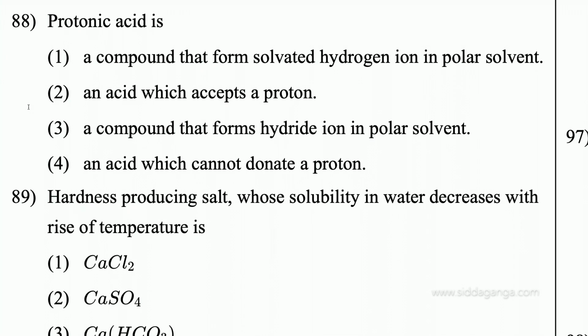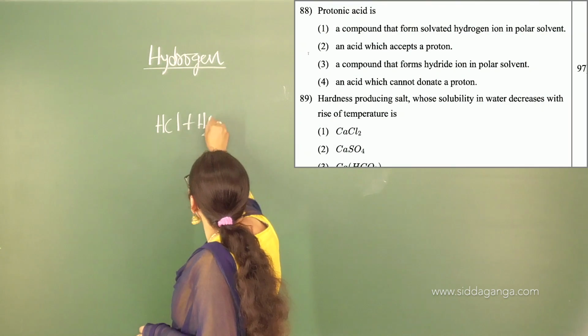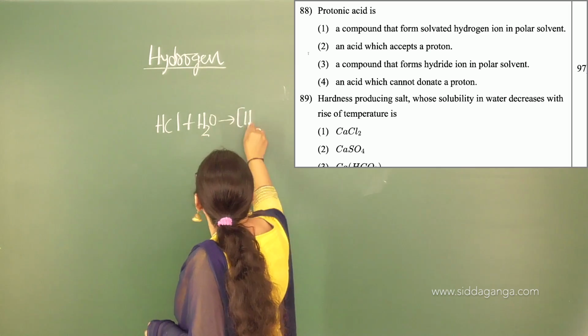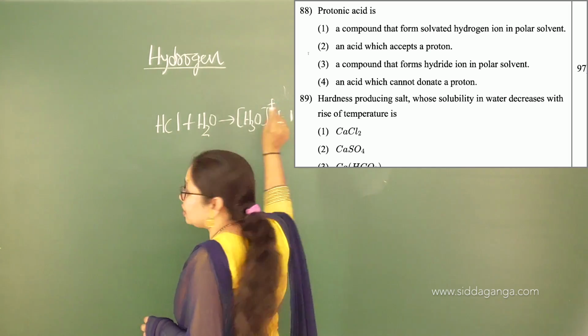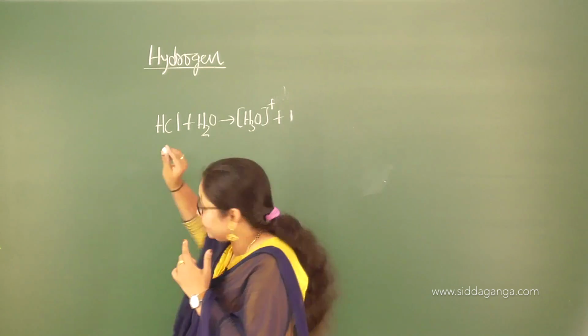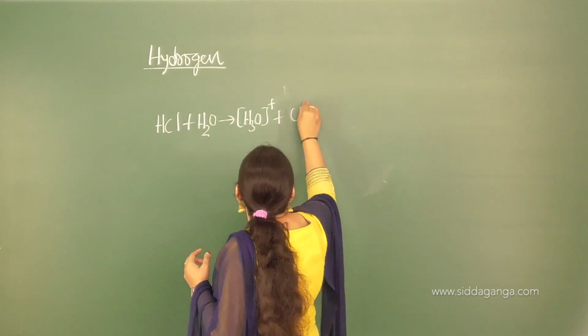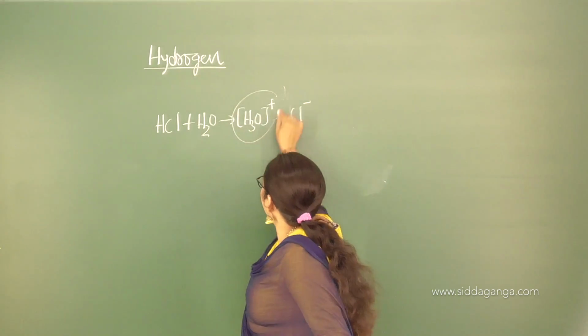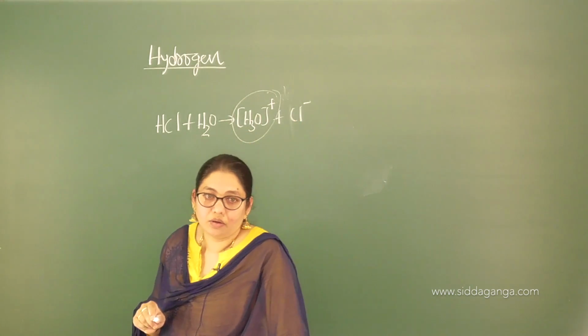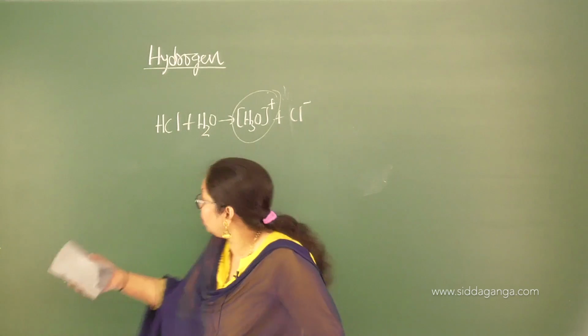You can have the example of HCl plus H2O forming H3O+ plus Cl-. You can see this is the solvated ion. So the first one. Next question.